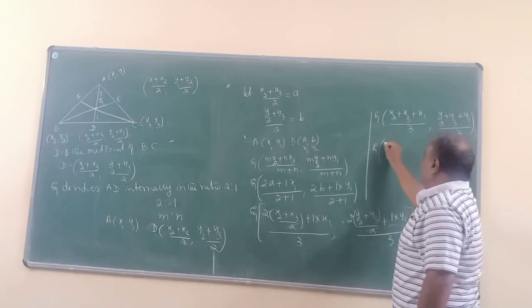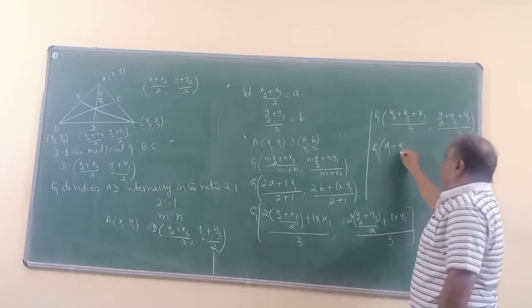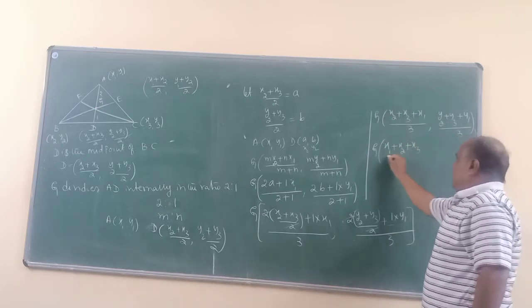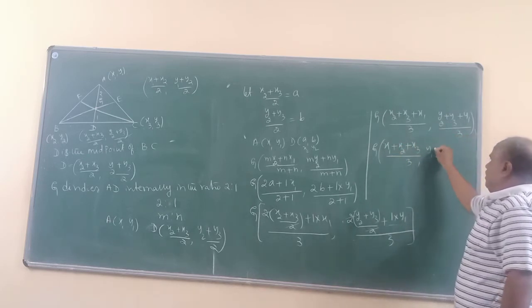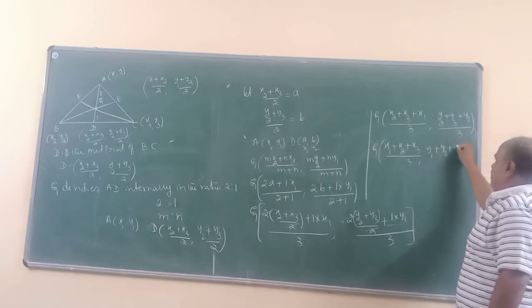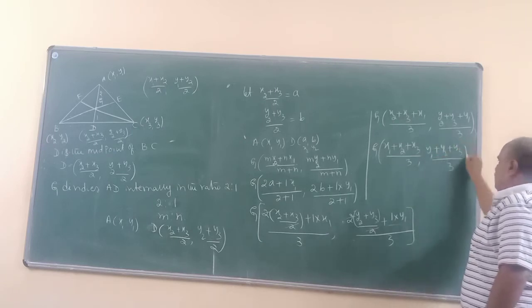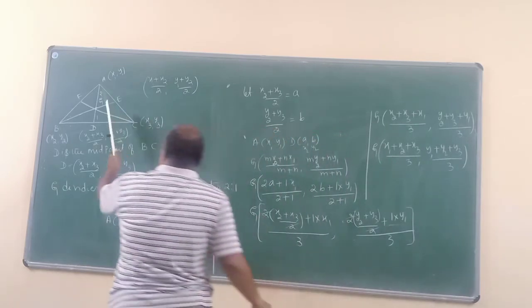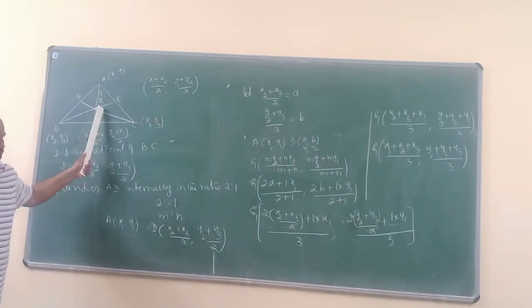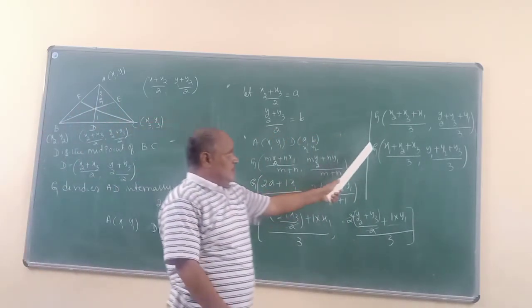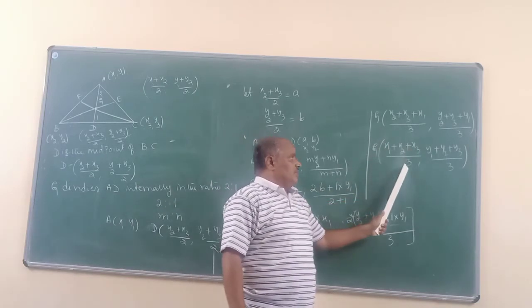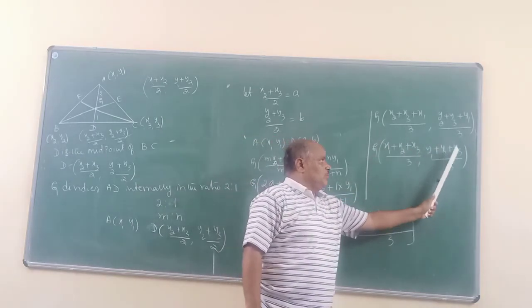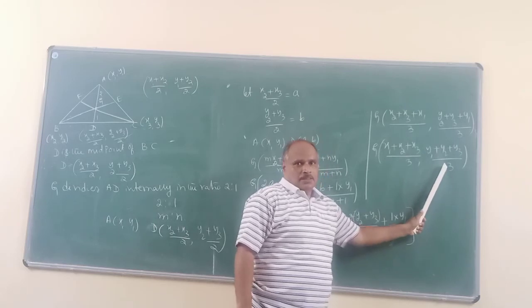Therefore, the centroid formula is x1 plus x2 plus x3 divided by 3, y1 plus y2 plus y3 divided by 3.